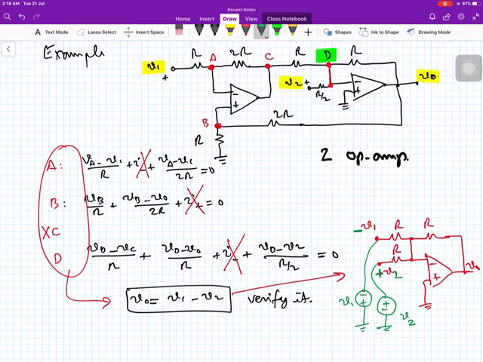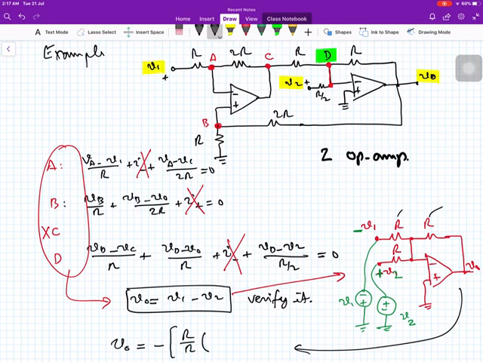Now you see the output of this circuit. VO is equal to minus this resistance divided by this resistance and this input minus V1, then plus again this resistance divided by this resistance multiplied by V2.